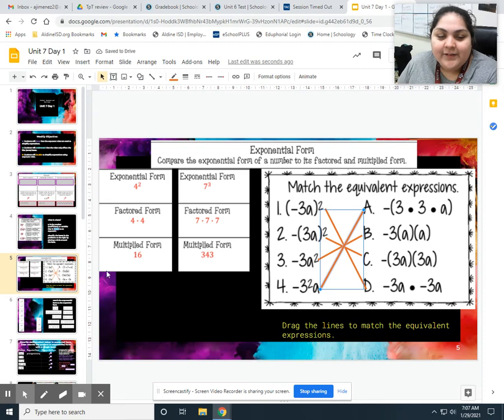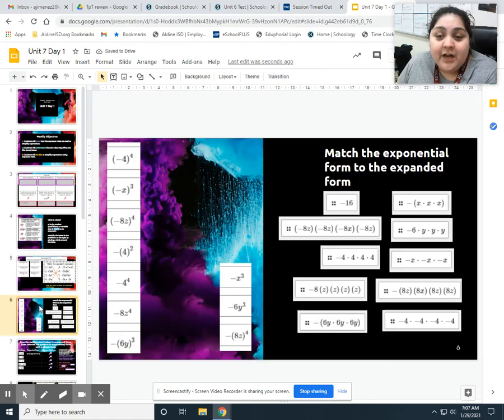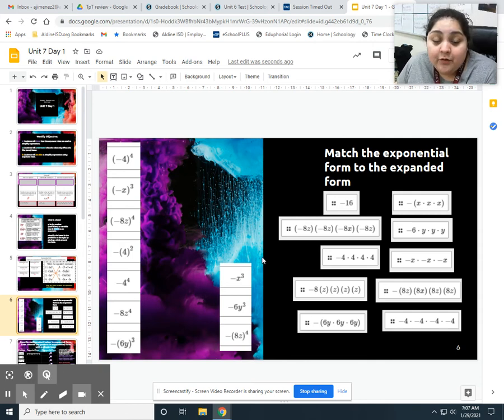Okay, all right. Let's go here. Now we're going to match it. You're going to match the exponential form to the expanded form. Okay. This is you on your own. I'm going to pause it, and I hope that you pause it. And then try to do this and then come back and see the answers. But I really need you to try to match up what it shows.